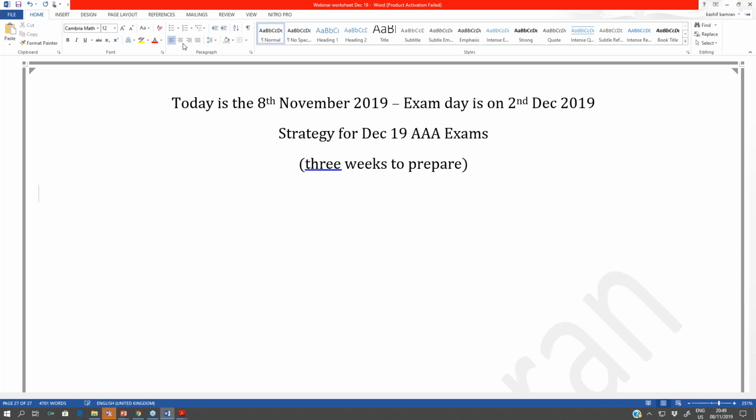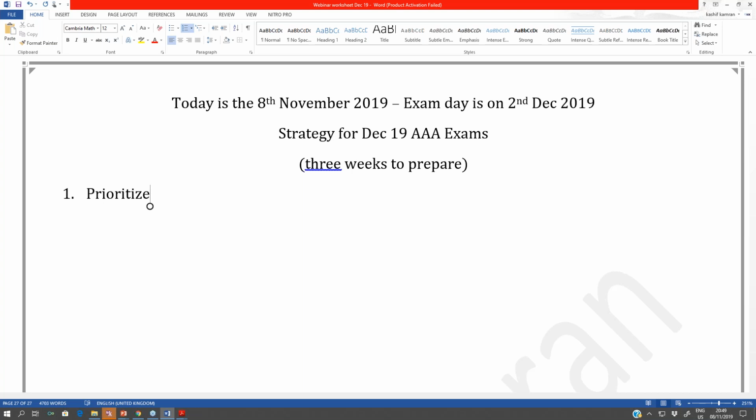Now, the very first thing you need to do here is you need to prioritize. That's the most important thing. If you start with weak areas or small areas first, that's not good, because you need to prioritize things, that what should you be doing first?